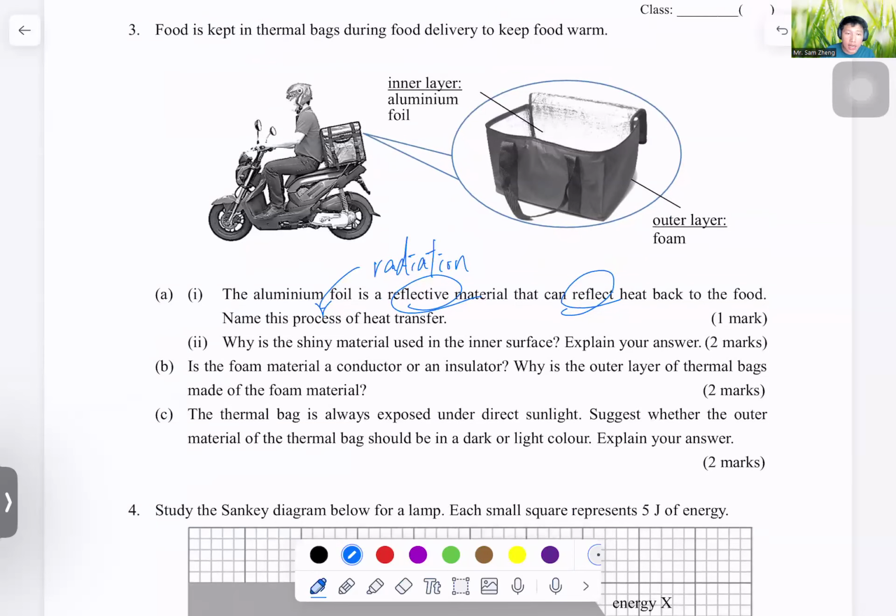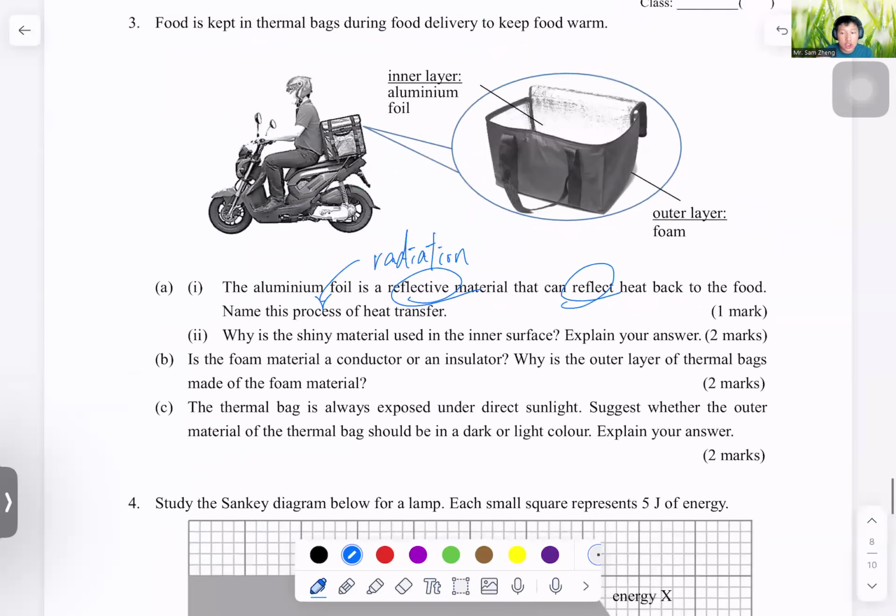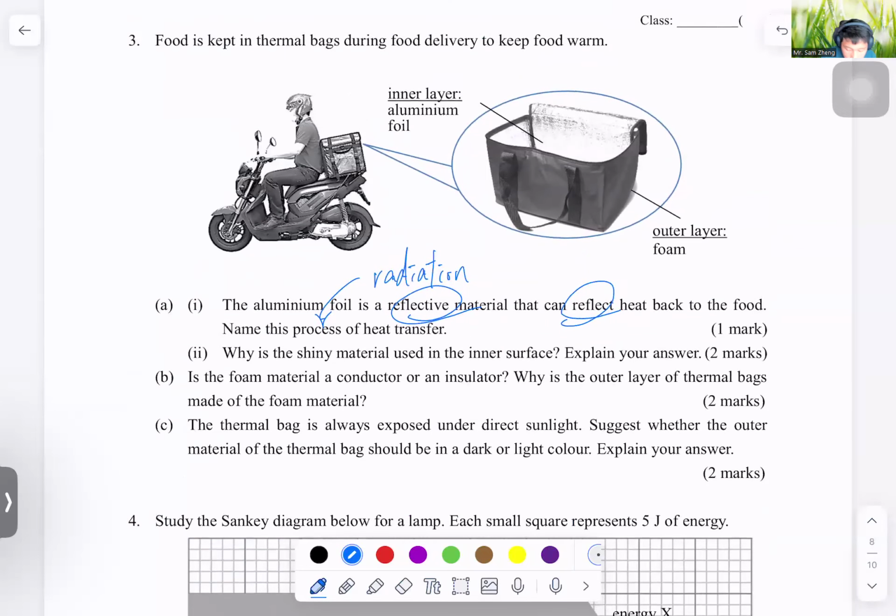So why is the shiny material used on the inner surface? Because the shiny surface, in fact, is a poor absorber and radiator.